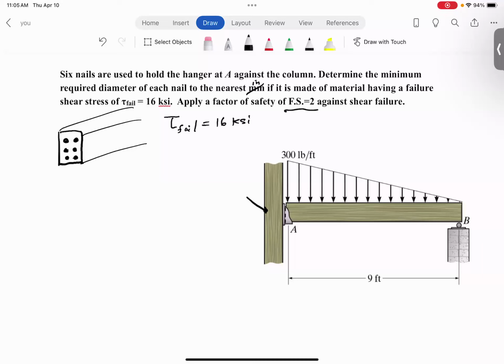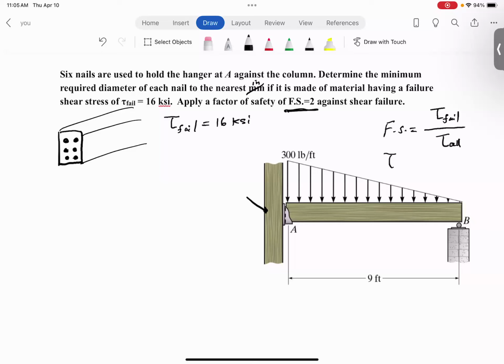And then it says use a factor of safety of 2, which is relatively high for static loading problems. So basically, the way you apply this factor of safety, and then I'll come back to the objective here, which is figuring out the diameter. We know that the factor of safety is the load or the stress that causes failure divided by what we call allowable, what we want to use.